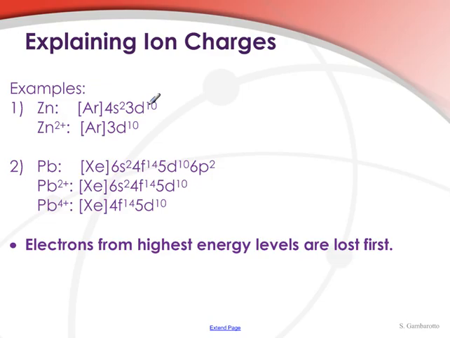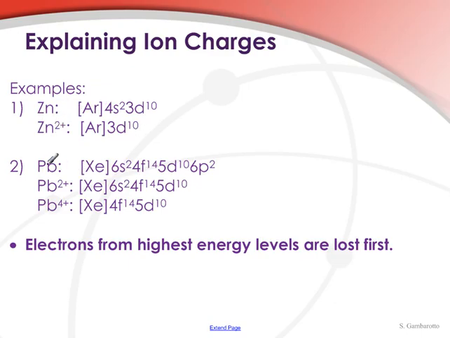For something to lose 10 electrons and empty out this subshell is kind of difficult, but it's really easy for zinc to lose 2 electrons from the 4s subshell and become zinc 2+. That's one of the reasons why you won't see zinc with a 1+ charge; you'll see it more with a 2+ charge.